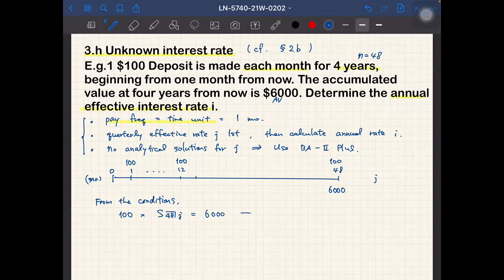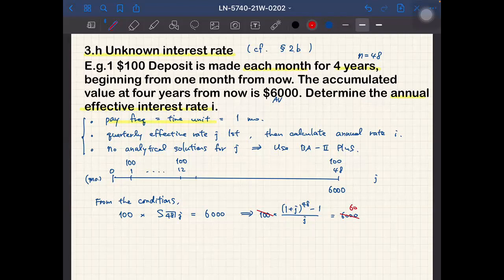So s angle 48 is (1 plus J to the 48th power minus 1) over J, and 100 times that is equal to 6,000. You can cancel 100 and 6,000, so we have 60 here.